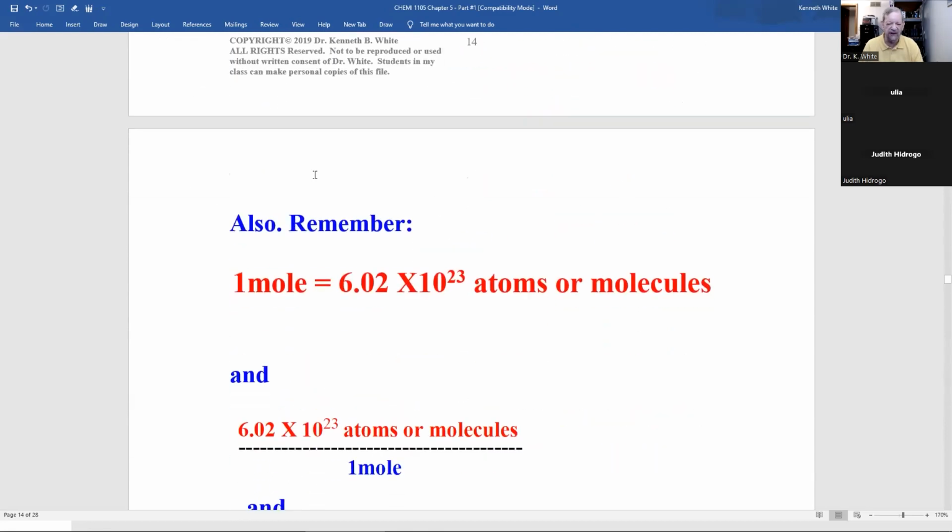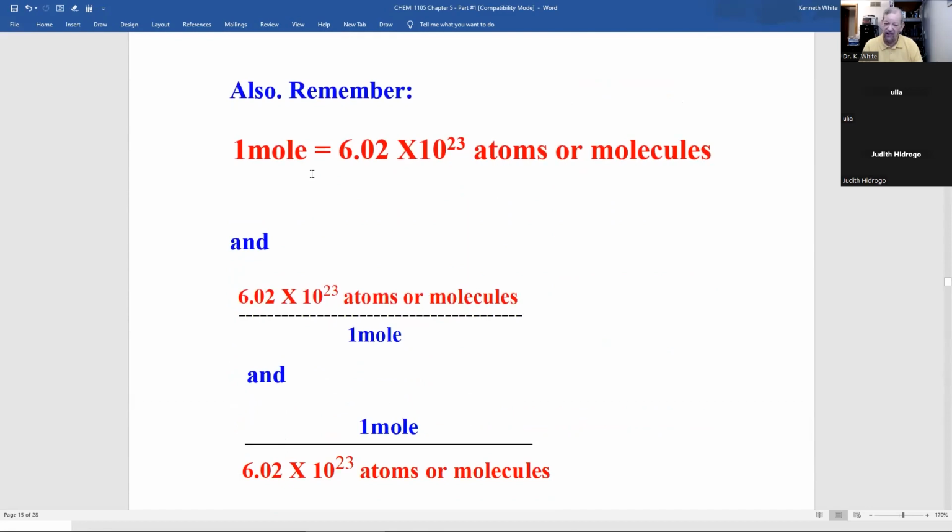Now, in chemistry, the important thing is atoms or molecules. And it turns out a mole of an element equals 6.02 times 10 to the 23rd atoms. A mole of, and this is from element. Remember, elements are atoms.